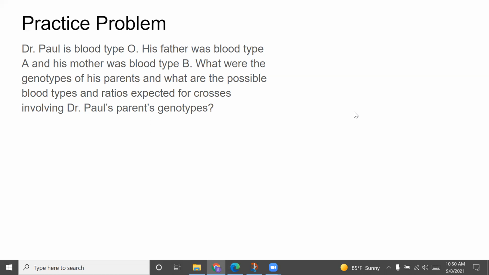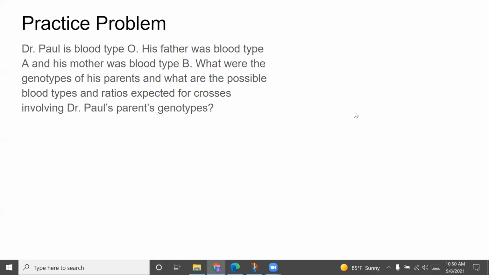Is it asking for the genotypic ratio or the phenotypic ratio? Blood type. Is that genotype or phenotype? Phenotype. Because the genotype causes the phenotype, right? So the genotype would cause the overall blood type. So in this case, it would be asking us for the phenotypic ratio.